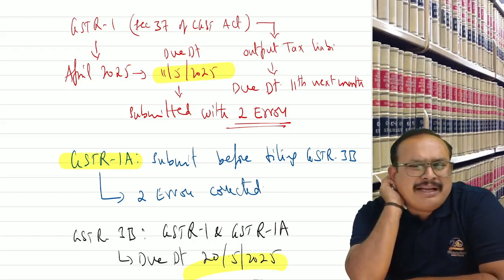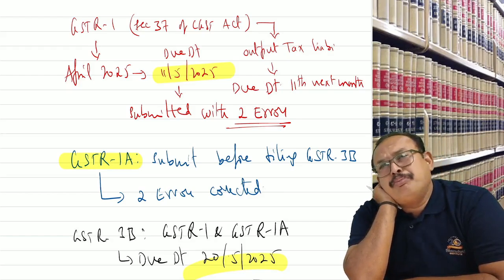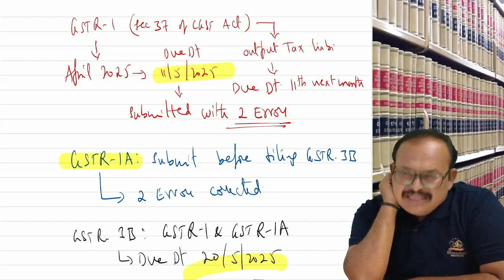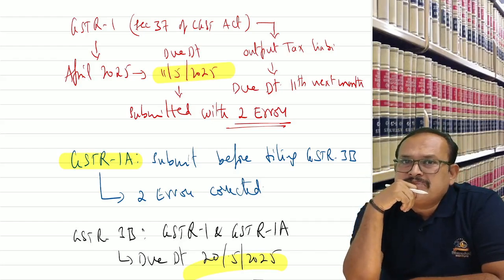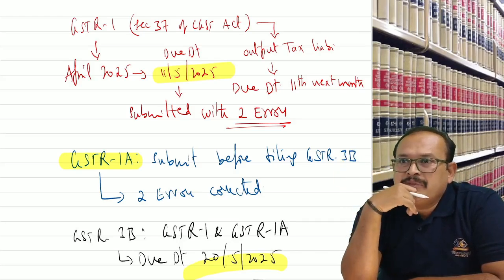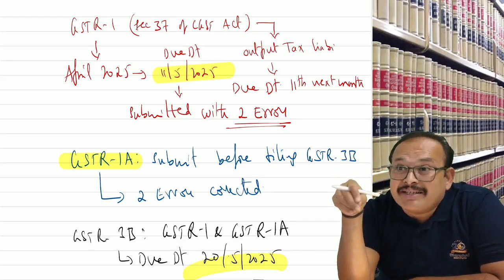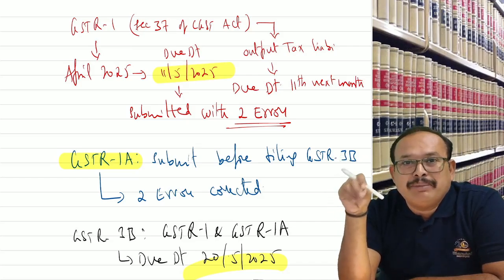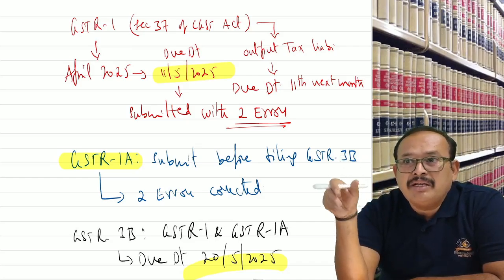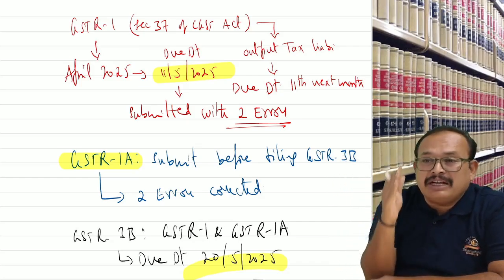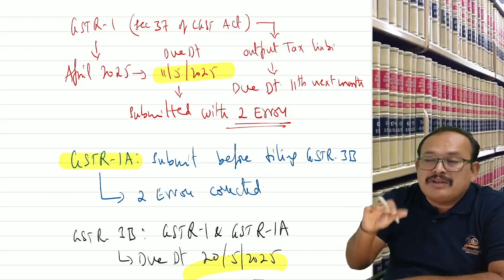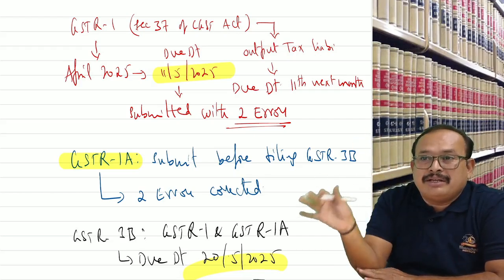Sir, what happened: for February 25, errors, omissions, I want to submit in the month of August, sir. GSTR 1A is not possible. While filing the GSTR 1 return, you can rectify by bringing your entries, whatever they may be. That means once a return is filed, it can be altered. GSTR 1A can be altered only for the current tax period.